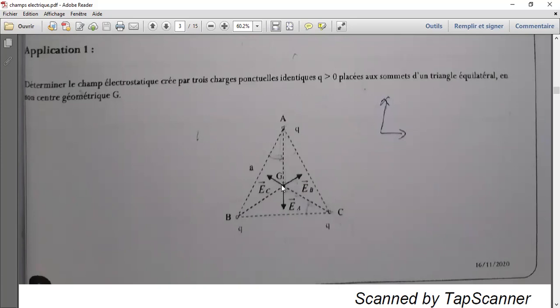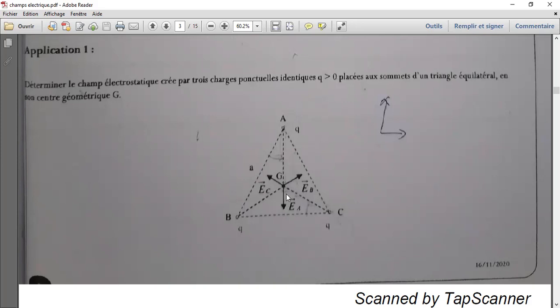For me to calculate BG, you have to see what is created inside this equilateral triangle. I observe that there is a right angle triangle created inside here. So to determine the distance here, I want to really know it. If I know this distance here and I measure this distance here, and I see that the distances are equal, it means if this one is half, this one is also half.